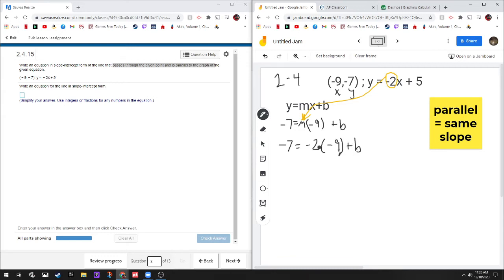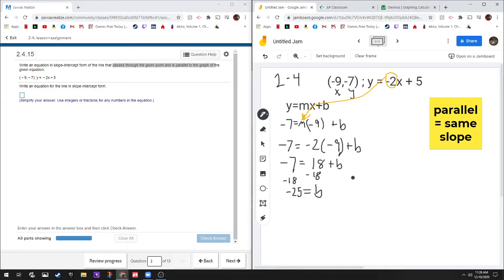Well, -2 times -9, I can find just by multiplying, right? So -2 times -9 is +18. To solve for b, I'll subtract the 18 from both sides because it's currently positive. So I'll do -7 minus 18. I get -25 when I do that.